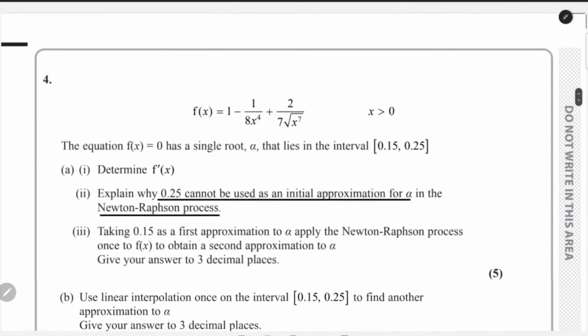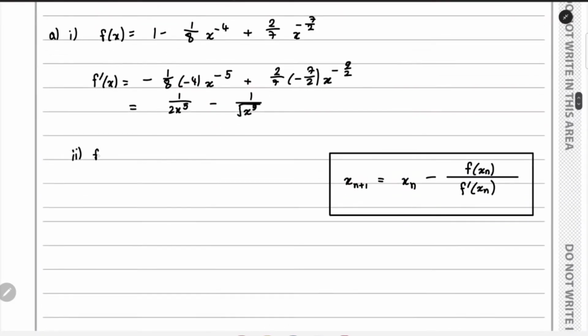Now for 0.25, if I have f prime 0.25, I put 0.25 in this equation, 1 by 2 to the power 0.25 to the power 5, this is 512, minus 1 by root over 0.25 to the power 9, this is also 512, so this becomes 0.